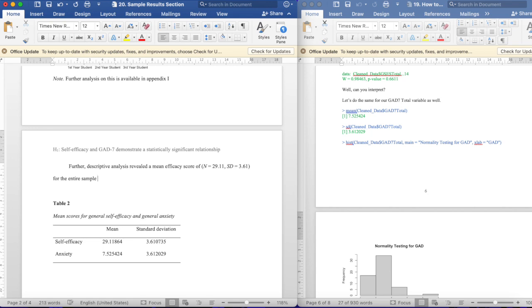further descriptive analysis revealed a mean efficacy score of so and so for the entire sample. Oh sorry, not here, not 10, this has to be m, mean. Okay, and then I'm going to do the same for the other one as well, for anxiety.